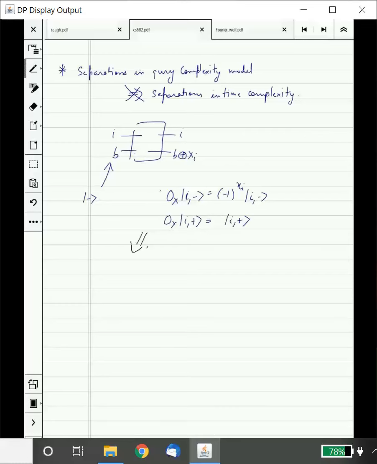Using these, you can show that I can use Hadamard to convert O_X to another oracle O_X prime, where O_X prime on input i computes the answer in the phase.